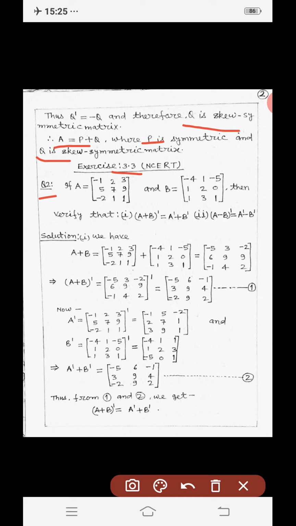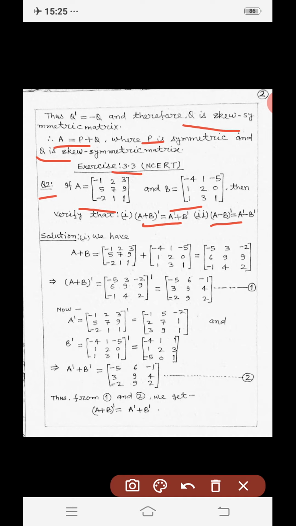If matrix A equal to [-1, 2, 3; 5, 7, 9; -2, 1, 1] and matrix B equal to [-4, 1, -5; 1, 2, 0; 1, 3, 1], then verify that (A plus B) whole transpose equal to A transpose plus B transpose and (A minus B) whole transpose equal to A transpose minus B transpose.